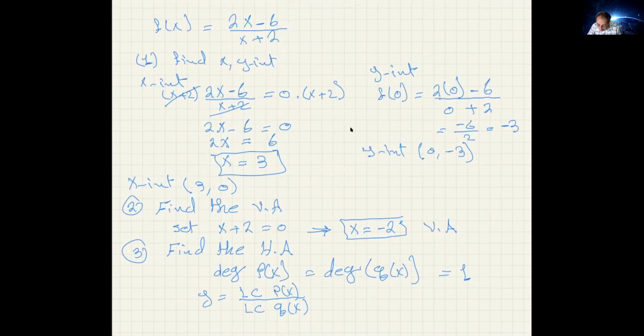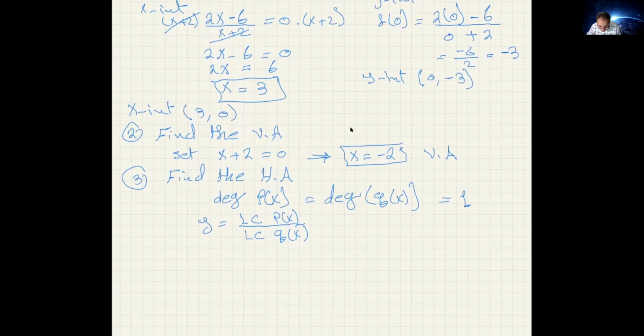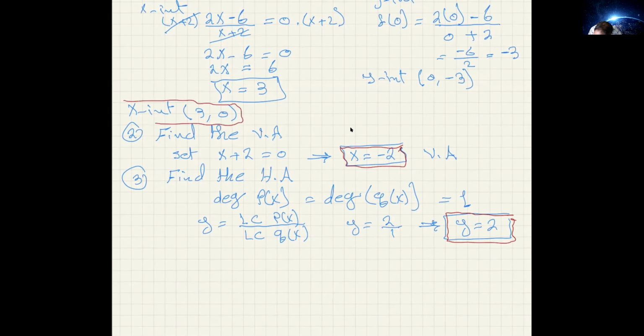The leading coefficient of p of x is 2, divided by 1. So y equals 2. So this is the horizontal asymptote, and this is the vertical asymptote, and I have the x-intercept and y-intercept. Is it clear so far? All right.